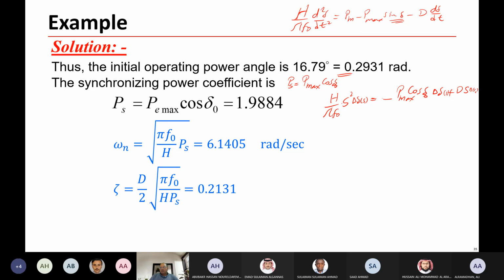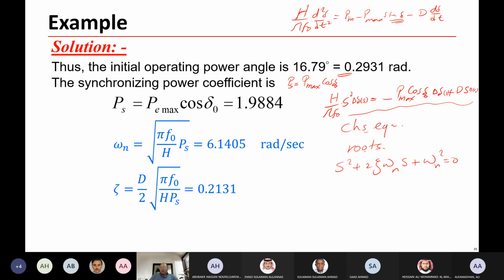S delta delta of S. So you can have all this, and you can get the characteristic equation, and you can find the roots, or you can write the characteristic equation in standard form: S square plus 2 zeta omega n S plus omega n square equal to 0.